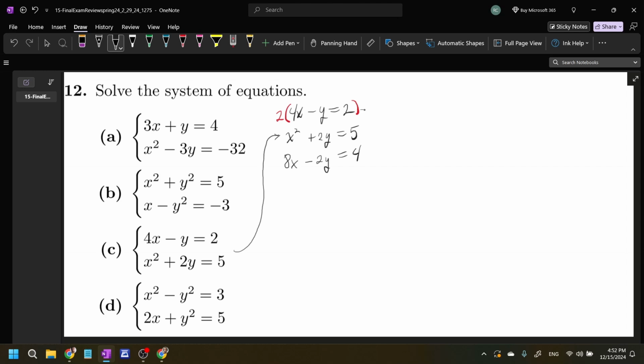Right, I got that by multiplying this by 2 and writing it below. All right, now we can add these two equations together, and these two y terms will cancel out. So adding these two together, we'll get x squared, because there's no x squared term down here. That's the only thing that we're going to write, plus 8x equals 9.